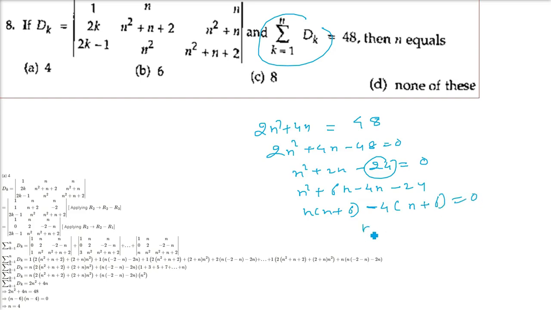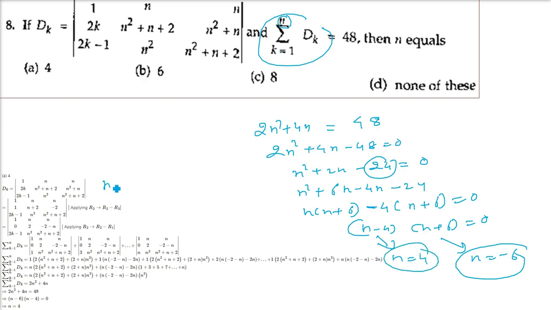So n plus 6 and n minus 4 are the factors. Either n minus 4 equals 0, that is n is 4, or n plus 6 equals 0 and n equals minus 6. But since the sum goes from 1 to n, n cannot be minus 6, so we discard n equals minus 6. We take n equals 4.